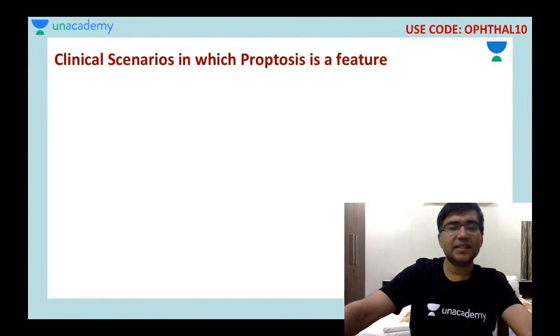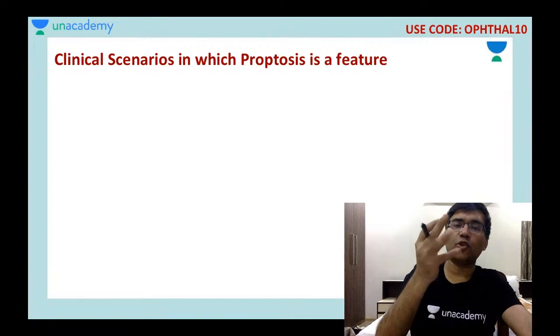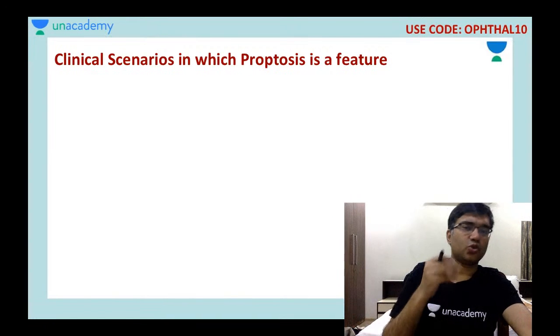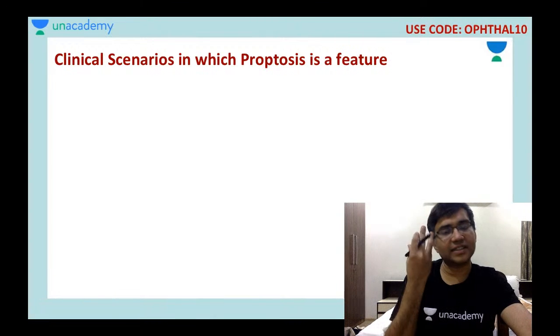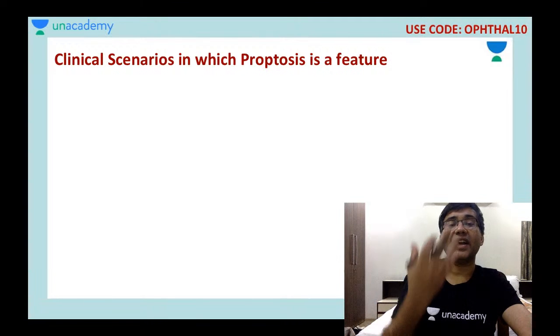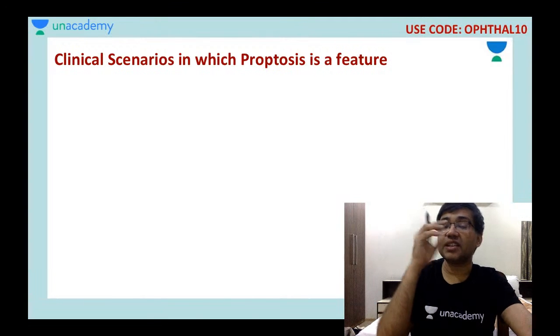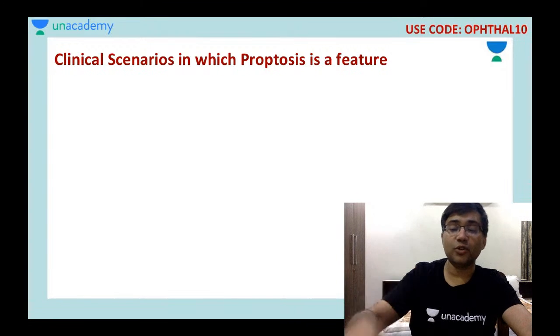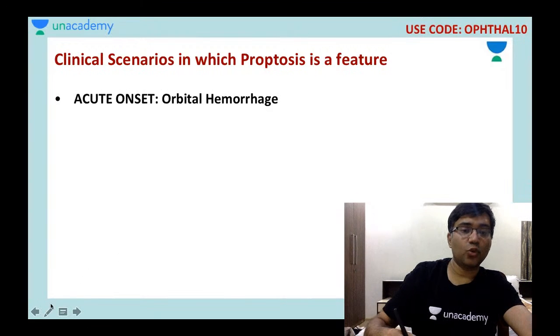So first of all is when you can get an acute onset proptosis. Okay, that the proptosis happened all of a sudden, you saw that until yesterday the eye was inside, today the eye is coming outward. So acute onset you can get in any hemorrhage. So if there is an orbital hemorrhage, or there is a trauma, you can get an acute onset.